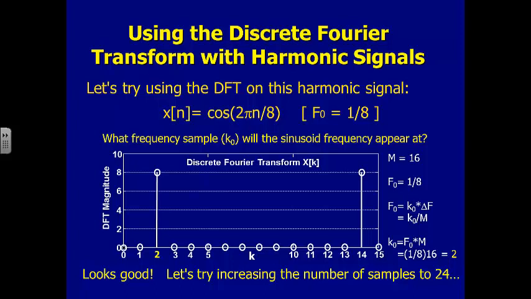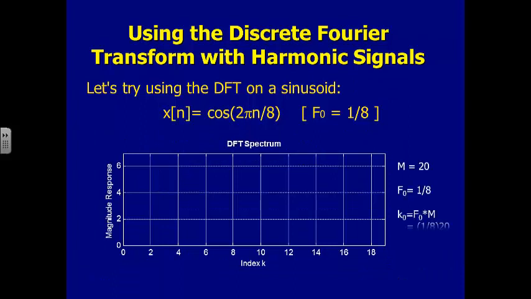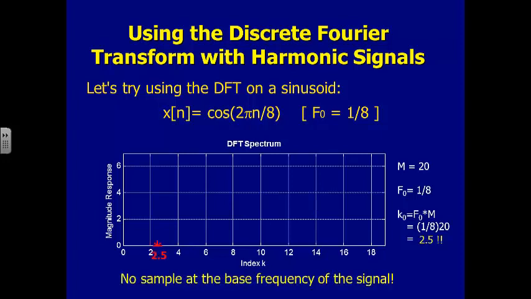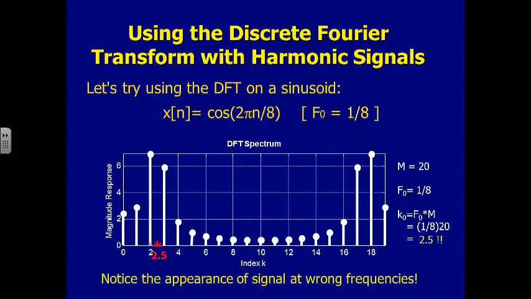We'll get more resolution in here, life should be good. Well, if you take that same signal and sample 24 samples of that signal, take its DFT, here's what you get. Something completely bogus. That is not the spectrum of a cosine. I'm sorry.